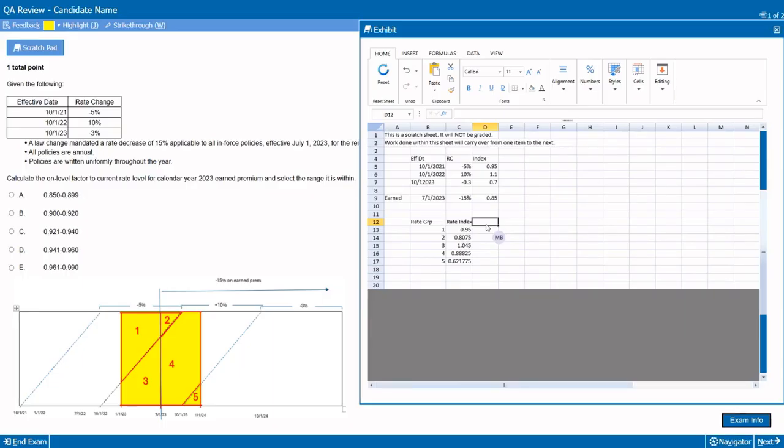Now I need to calculate the rate index for all of those different periods of time. Now I need to calculate the weights for each of those different segments of my calendar year and weight them together to get an average rate index for that period. And I'm going to use the area of a triangle, which is 1/2 the base times the height.